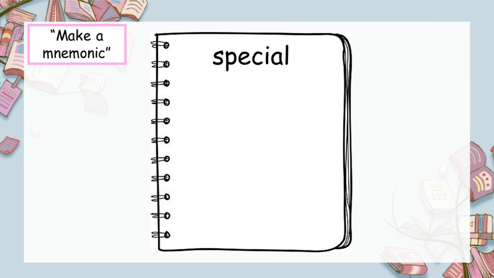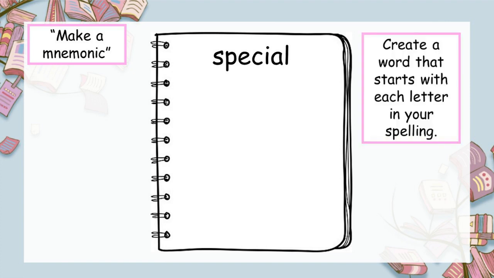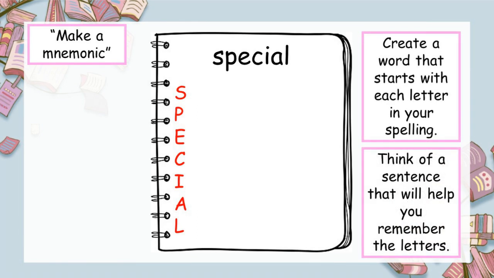So, first step, we want to separate the letters out and think of some words that start with each letter in the spelling. Once we've done that, we want to try think of a silly sentence or one that's really clear in our mind that uses these letters at the start of the words. Can you pause the video now and see if you can come up with a mnemonic for the word special?